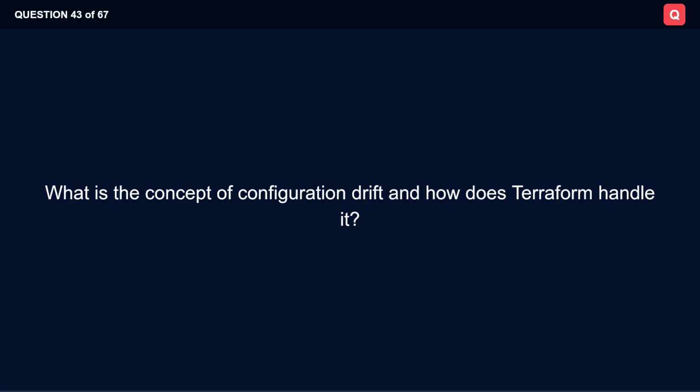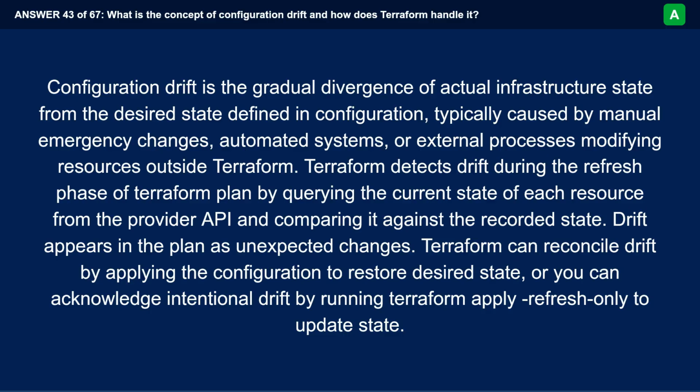What is the concept of configuration drift, and how does Terraform handle it? Configuration drift is the gradual divergence of actual infrastructure state from the desired state defined in configuration, typically caused by manual emergency changes, automated systems, or external processes modifying resources outside Terraform.